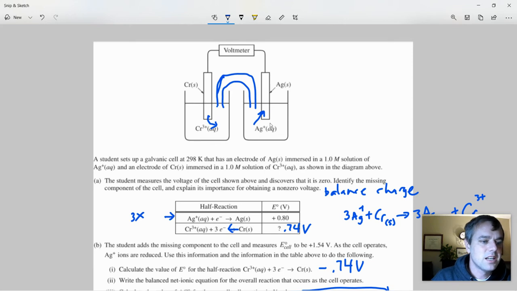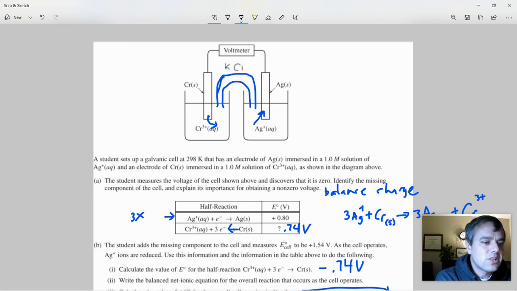Now, since we're putting chromium ions into solution over here, we're dumping positive charges into the left container and we're removing positive charges from the right container. That creates some more problems. That's why we need the salt bridge. So, if our salt bridge contains, for instance, let's go with KCl.